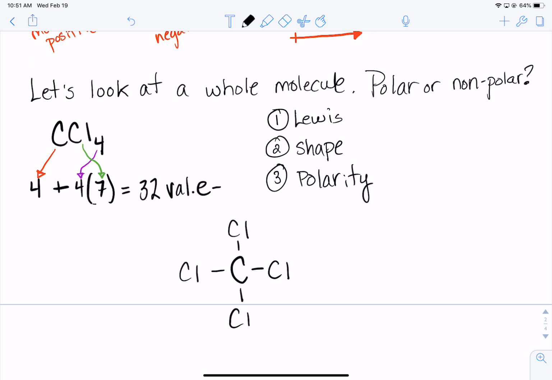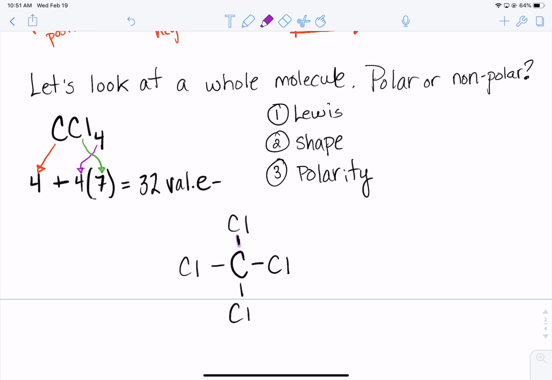So we have dealt with 2, 4, 6, 8. There are 8 electrons being shared. So let's go ahead and subtract them. We're left with 24 electrons we still need to deal with.